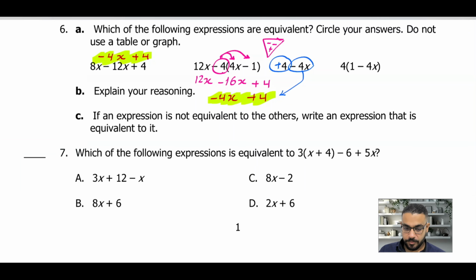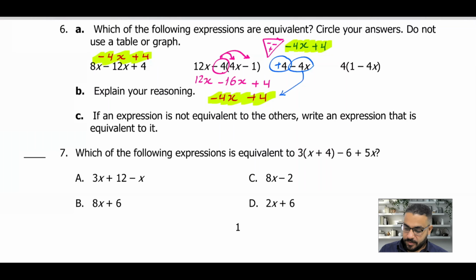Like you have 1 plus 2, it's 2 plus 1, right? Here I'll take each term by its sign. So negative 4x will come first, then the positive 4 will come second. Oh, yeah, right here I have negative 4x plus 4 again. So it's equivalent to the past two expressions.